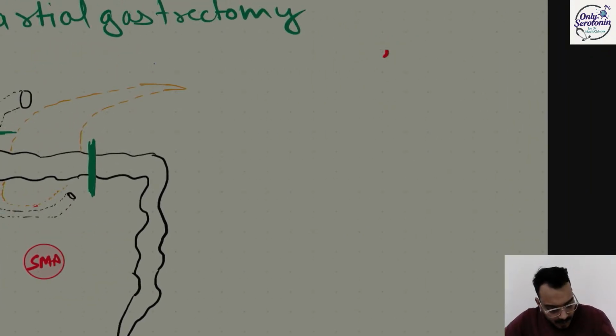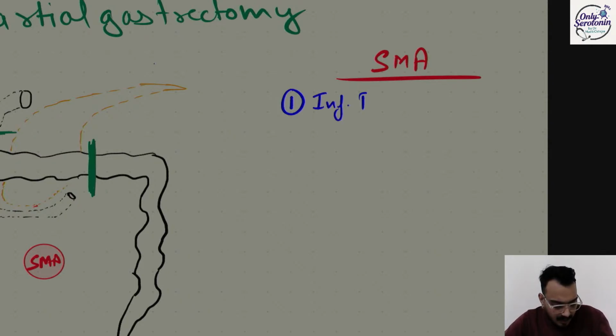Okay, so the superior mesenteric artery is going to have so many branches. Let's discuss them one by one. The first branch is what, guys? The first branch is the inferior pancreaticoduodenal artery.